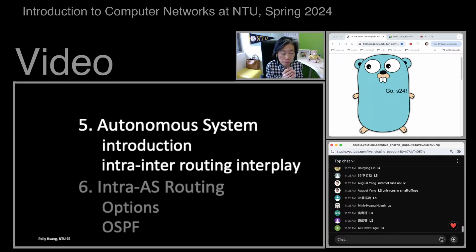And now you can probably imagine the forwarding table inside a router. There must be entries coming from the intra-AS routing as well as entries coming from the inter-AS routing. So the composition of the routing table gets complex, having a hierarchy of routing protocols on the internet.